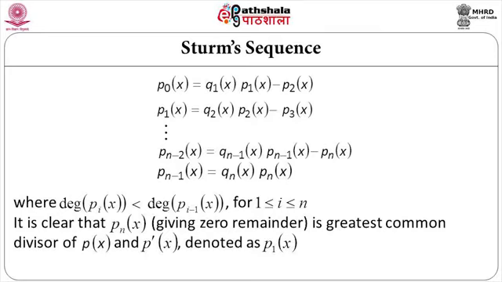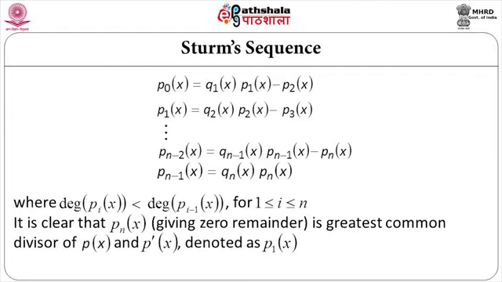So, p n minus 1 x is q n x into p n x, and this p n x is the greatest common divisor of p 0 x and p 1 x. The Euclidean theorem for polynomials runs exactly parallel to the Euclidean theorem for numbers, and the last non-zero divisor is the greatest common divisor.